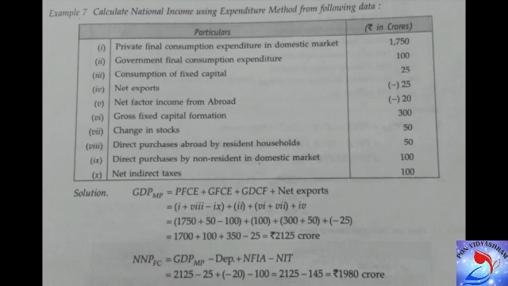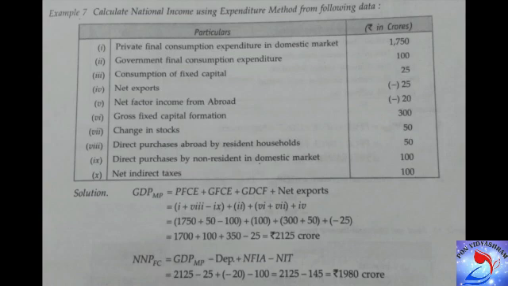With that we have to add direct purchase abroad by resident households, that is 50, and also deduct direct purchase by non-residents in the domestic market.